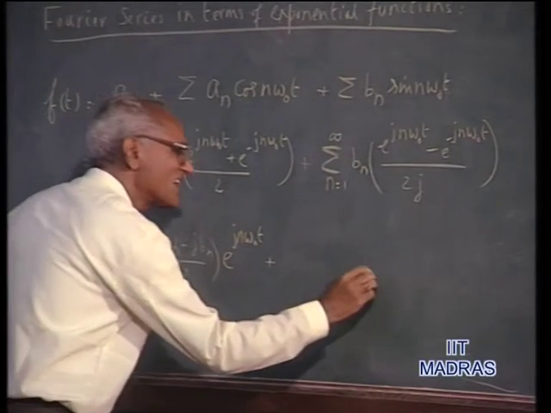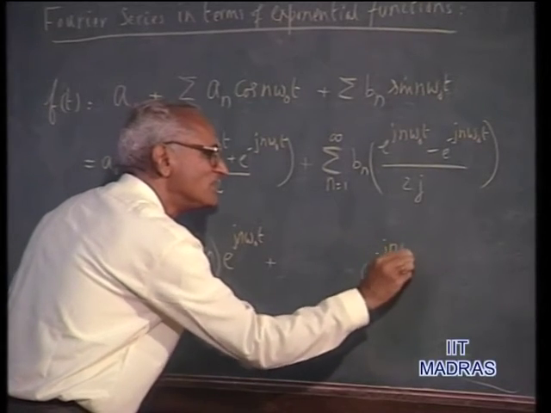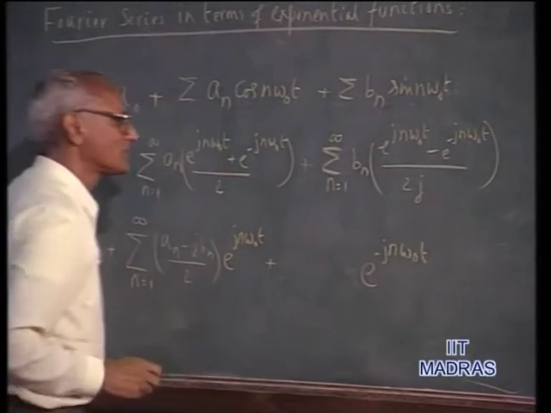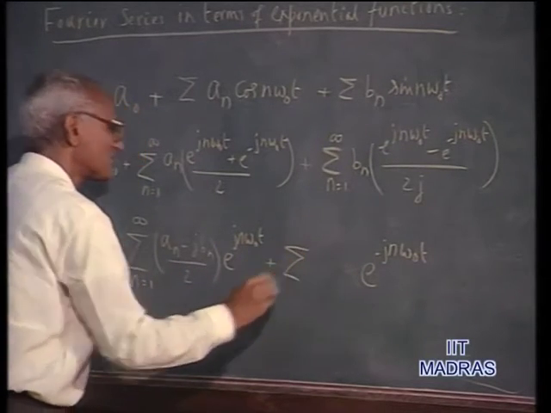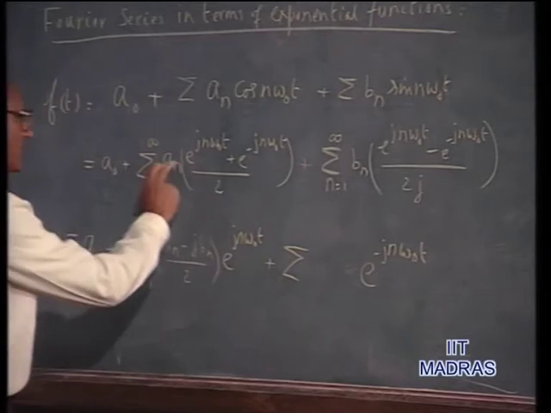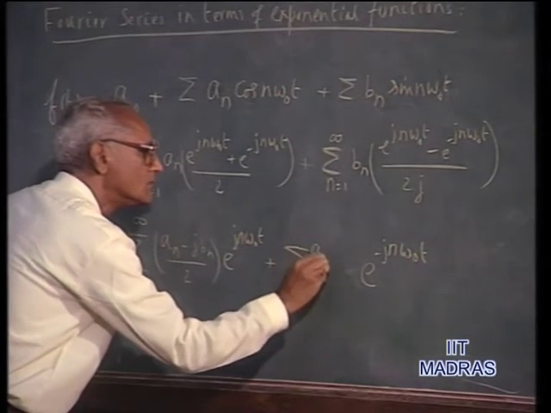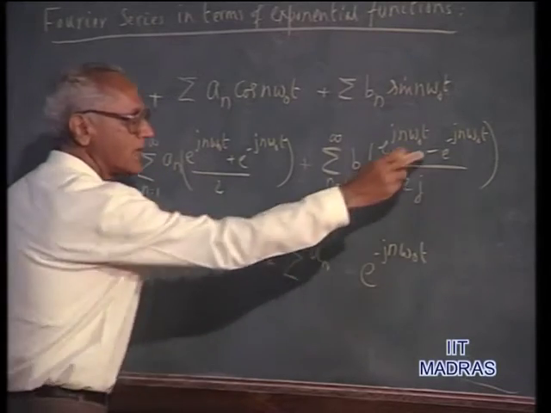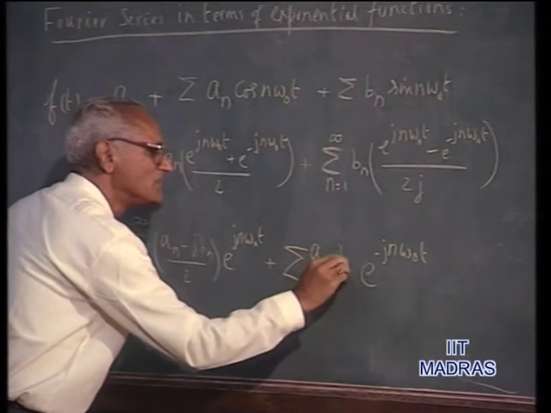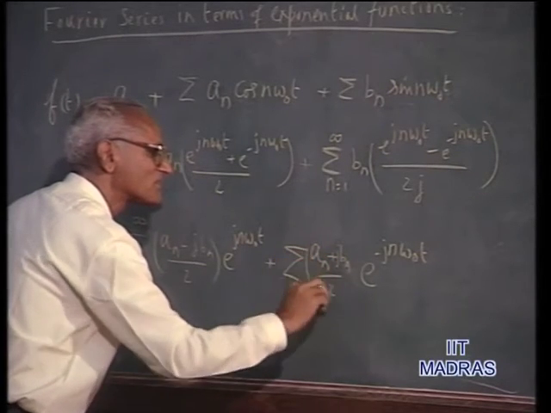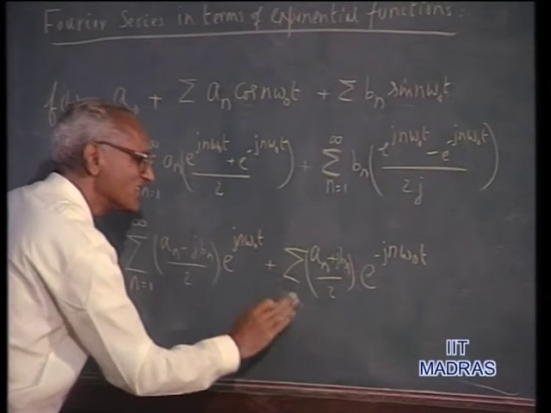We also have terms like e to the power of minus j n omega naught t. And what is its coefficient? a n upon 2, and then because of the negative sign here, it is plus j b n upon 2, n from 1 to infinity.